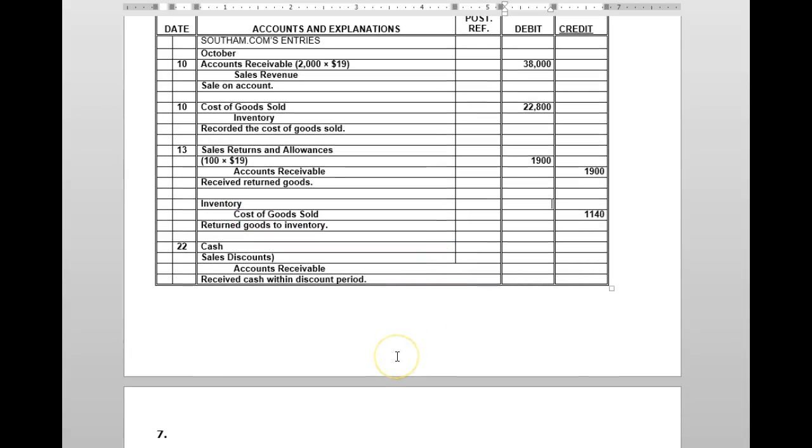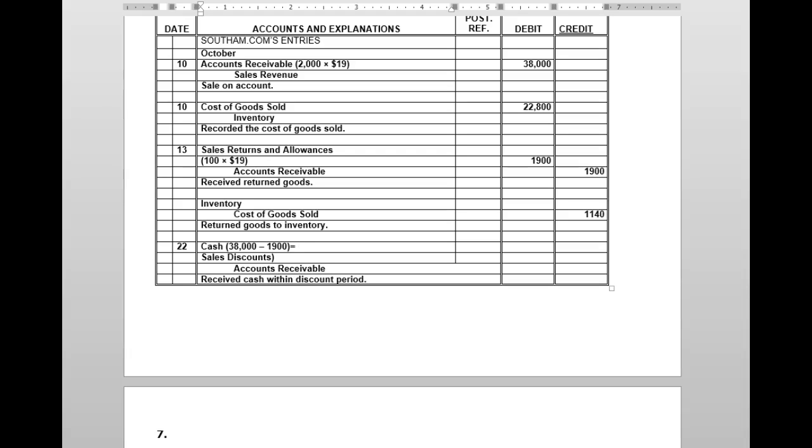Then they're getting ready to pay it, and now we have to sort this all out. Because, how much is your cash? What is your true amount you're going to get? Well, I started with $38,000. But then they returned $1,900. So that's what I'm dealing with.